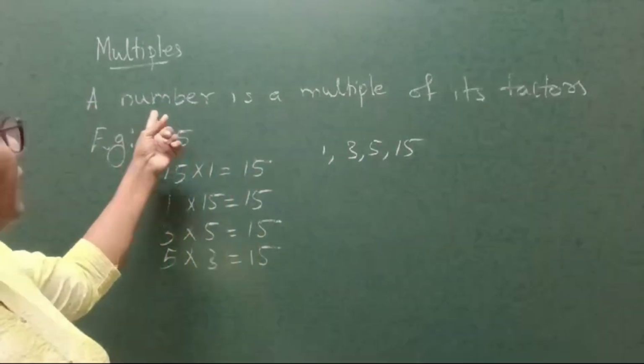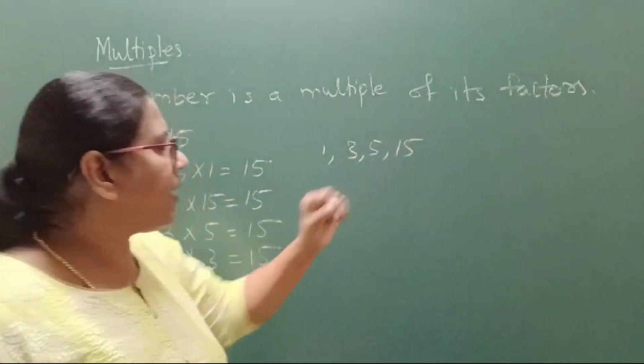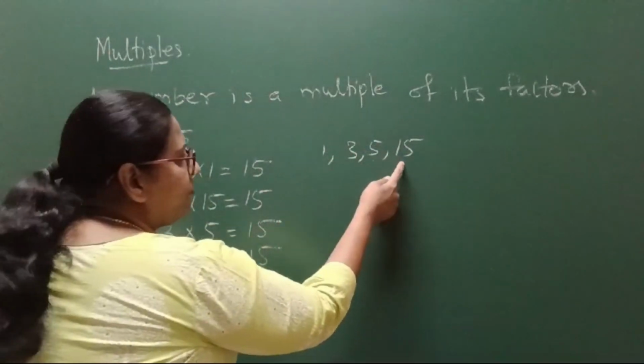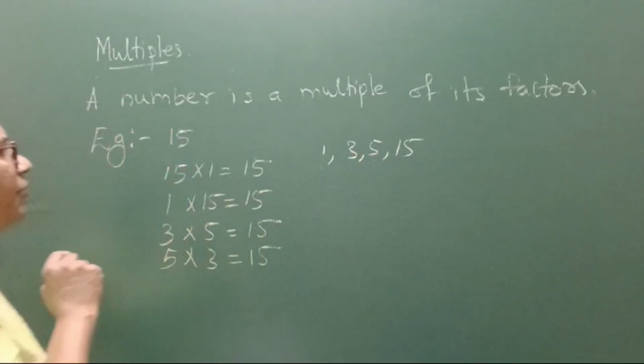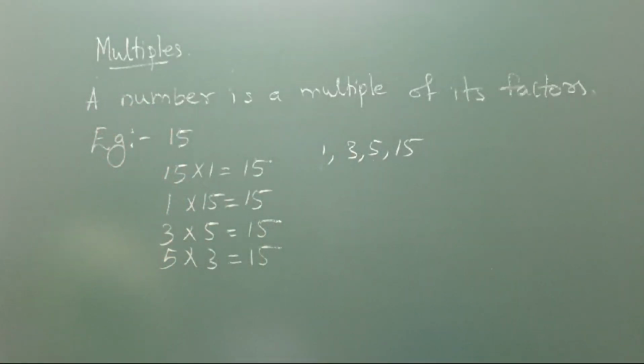What does it say here? A number is a multiple of its factors. 1 15 is 15, 15 1s are 15, 3 5s are 15, 5 3s are also 15. So 15 is a multiple of 1, 3, 5 and 15.